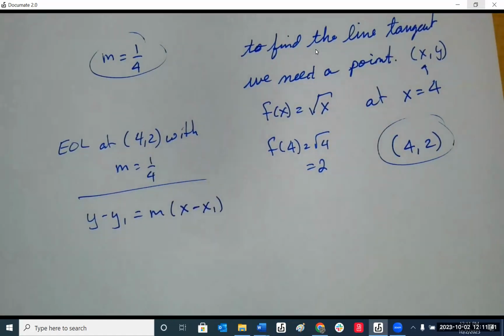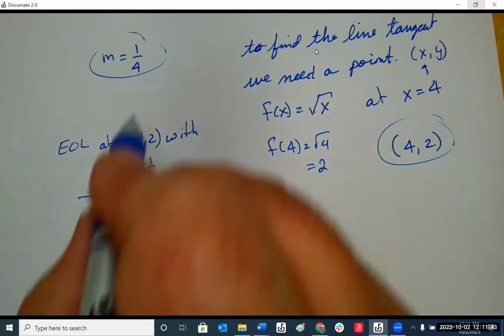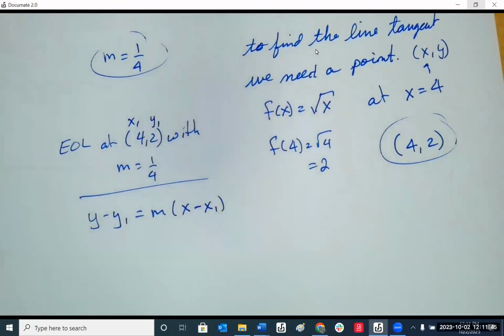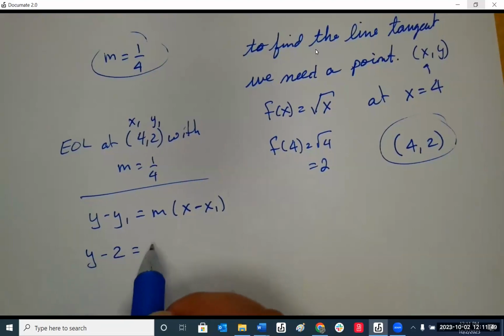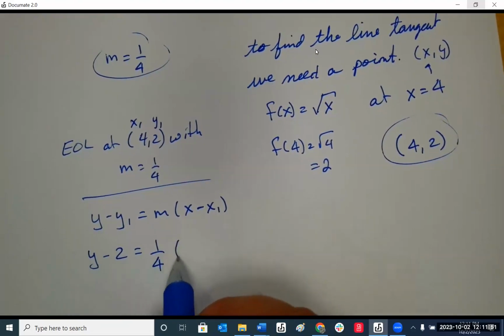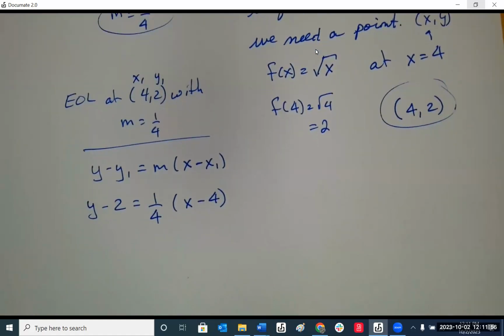Since we're given a point and a slope, plug those in there. So this is x1, this is y1. So y minus 2 equals 1/4 x minus 4. Then what do you do?